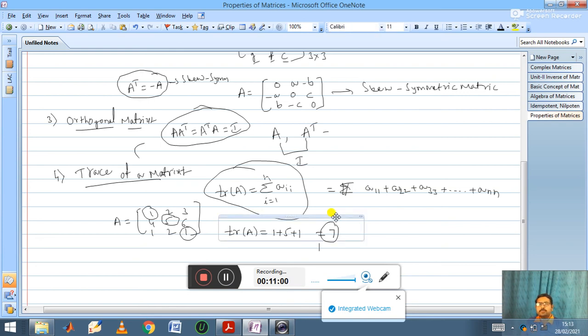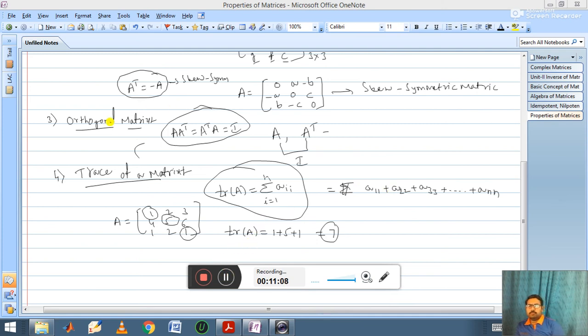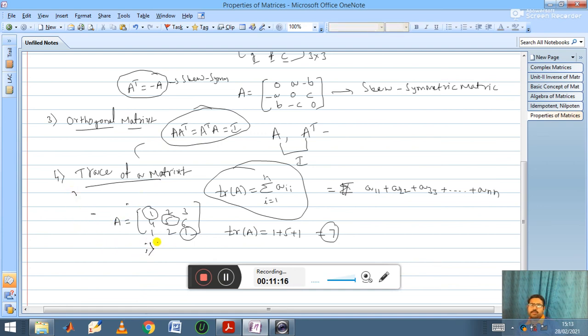Like transpose, we also have some properties for trace. The first property of trace: trace of lambda into A gives lambda into trace of A. Second property: trace of A plus B is equal to trace of A plus trace of B. And the last one is trace of AB is equal to trace of BA.